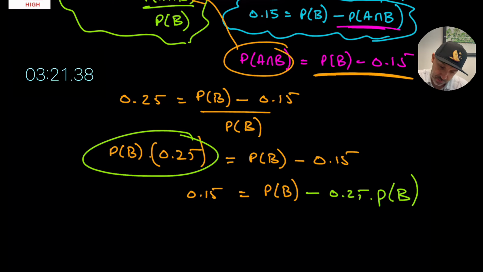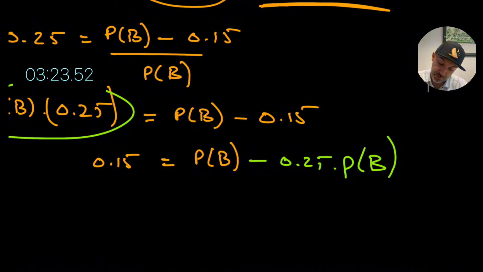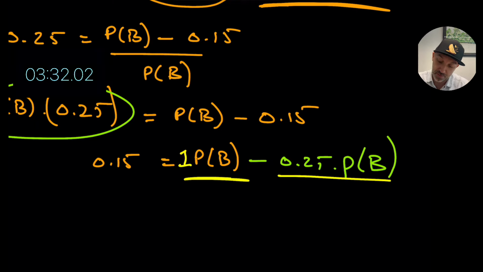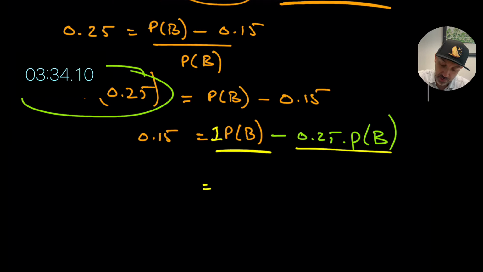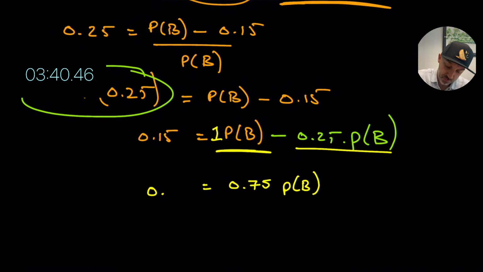So this bit here, I just want you to pay particular attention to. This is like thinking 1 P(B). Now we don't know what P(B) is, but there's 1 of them. And now we're subtracting 0.25 of a P(B). So therefore that would result in 0.75 times the probability of B, and that is equal to 0.15.